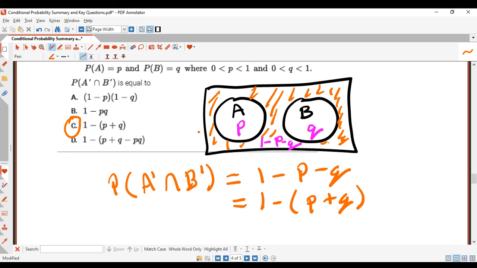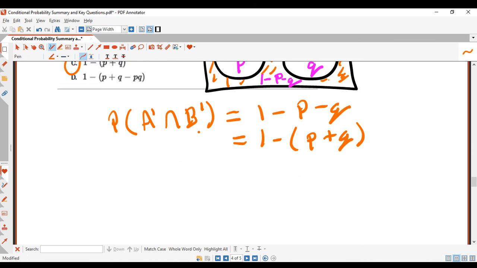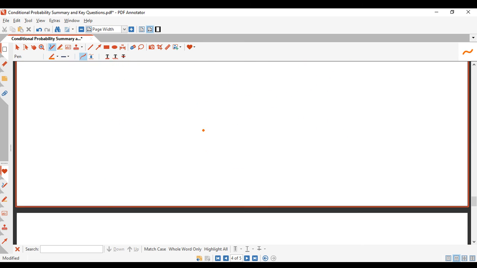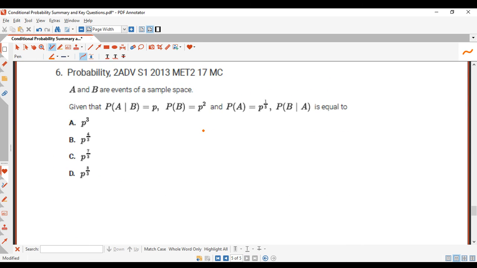Got to do the Venn diagram and tag the correct information in the Venn diagram. All right, last question. This one here, question 6.